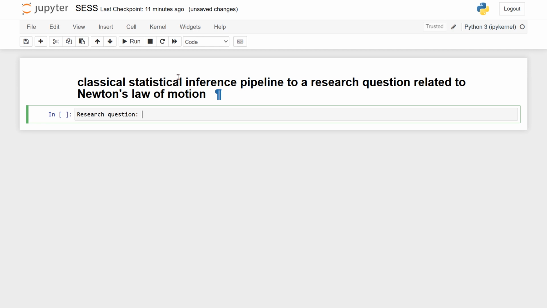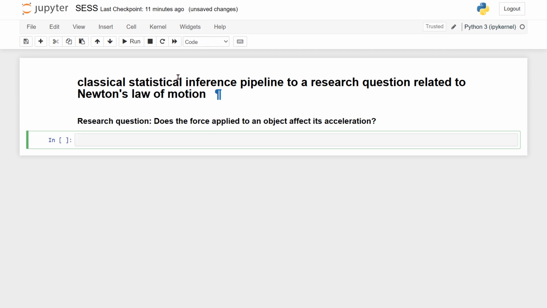That's where Newton's second law of motion starts. So the research question for Newton is, does the force applied to an object affect its acceleration or not? That's the research question.